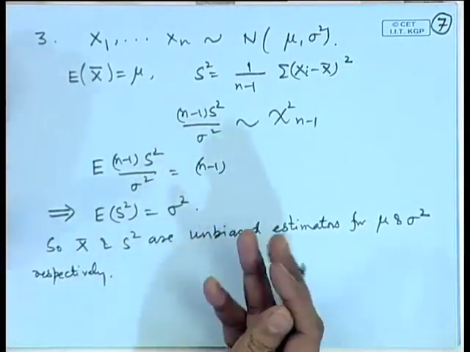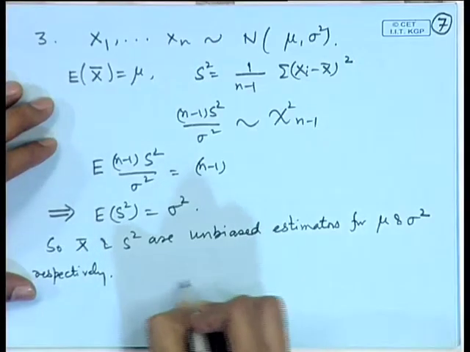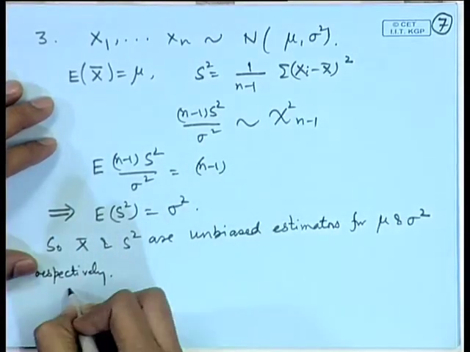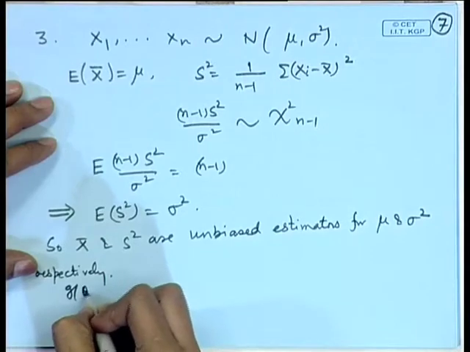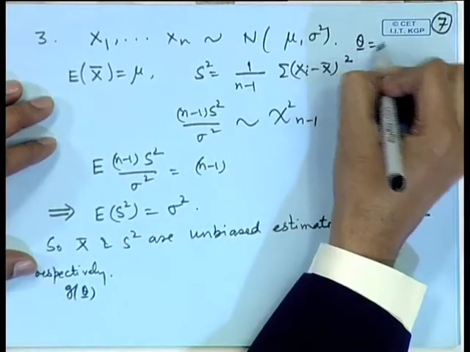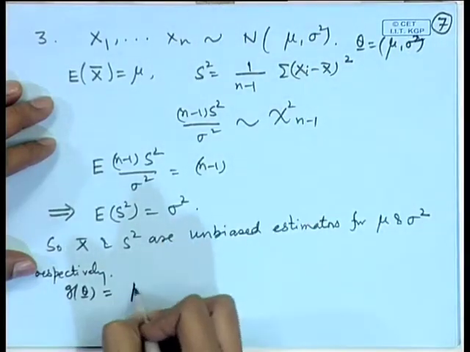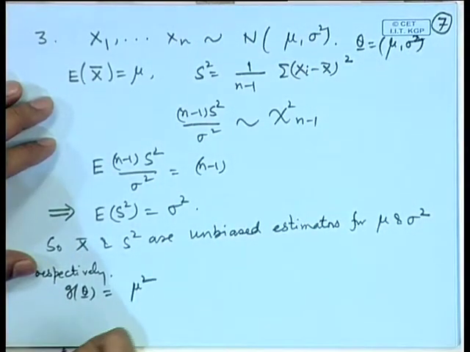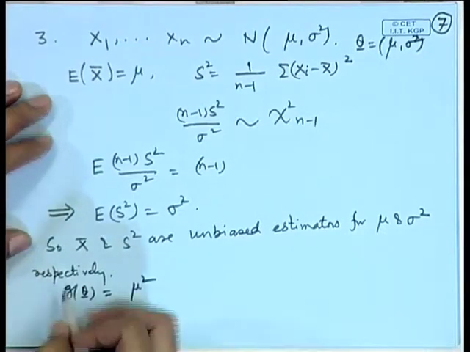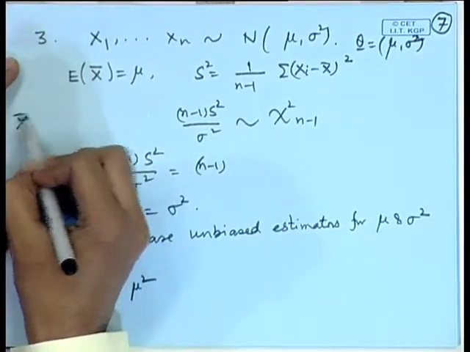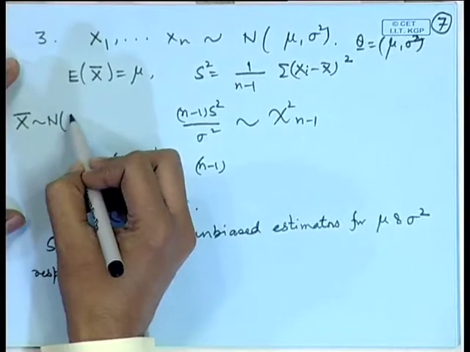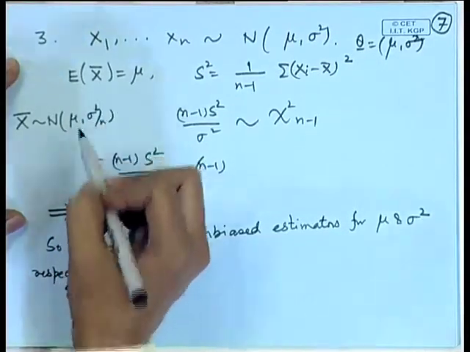One may even be interested in certain different parametric function. In this particular case, we may be interested say in mu square. So, suppose my g theta, here theta is mu sigma square, and I am interested to estimate say mu square. Then I may consider something like this. You make use of the distributional properties, x bar follows normal mu sigma square by n.